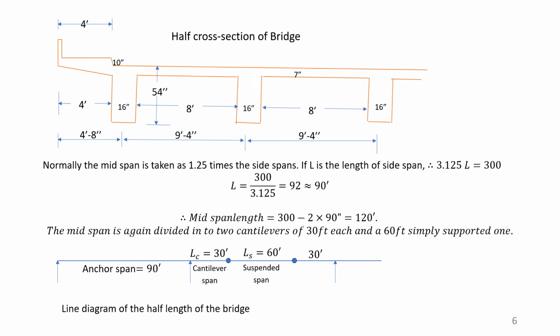Walkway will have some railing, and total width is 4 feet. The beam is 54 inch, as I have decided earlier, and the spacing center to center of the beam is 9 feet 4 inches, and if we deduct the beam width 16 inch, then the gap between beam to beam is 8 foot 0 inch, and the slab is 7 inch.